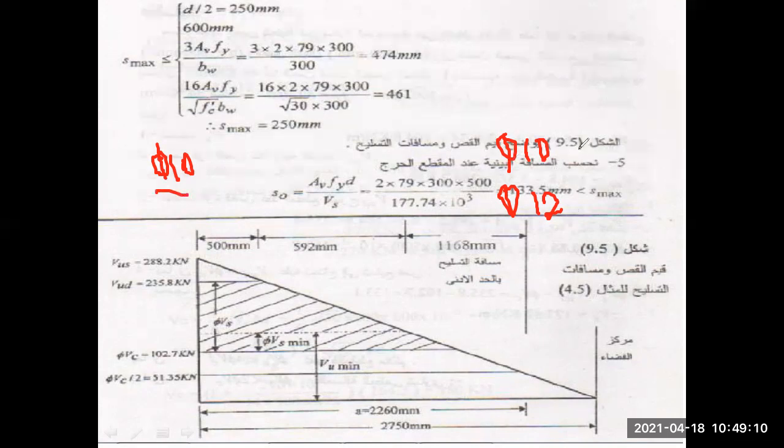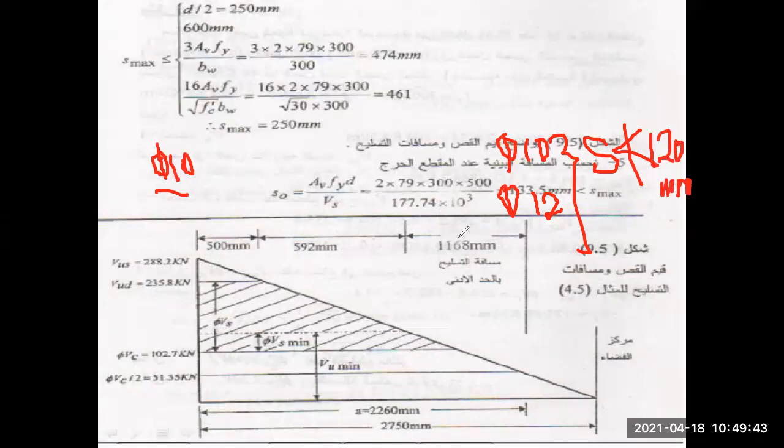And at the same time, I might give in the question a spacing restriction, like spacing should not be less than a value. For example, it could be 120 as an example. Okay.